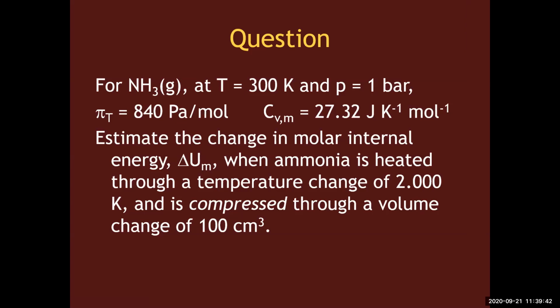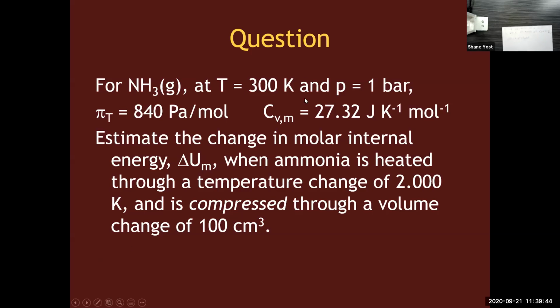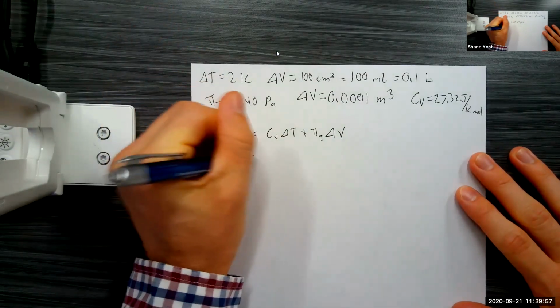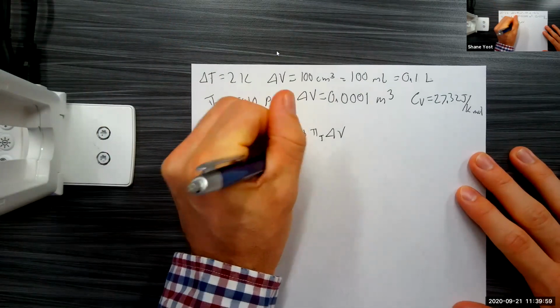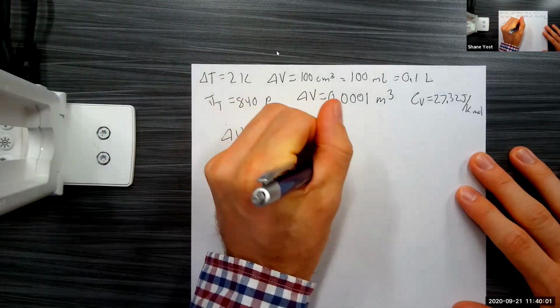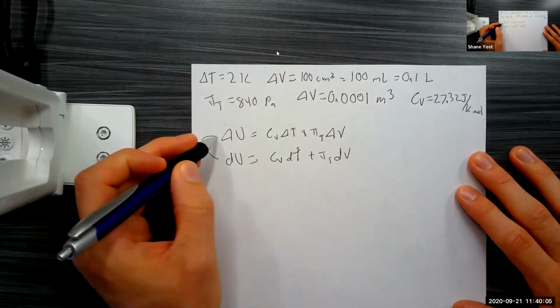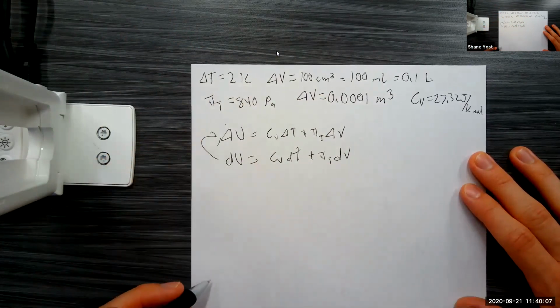You integrate it? Yeah. They're all good answers. I can start from dU equals CV dT plus pi sub T dV, and I can integrate that to get this expression here.